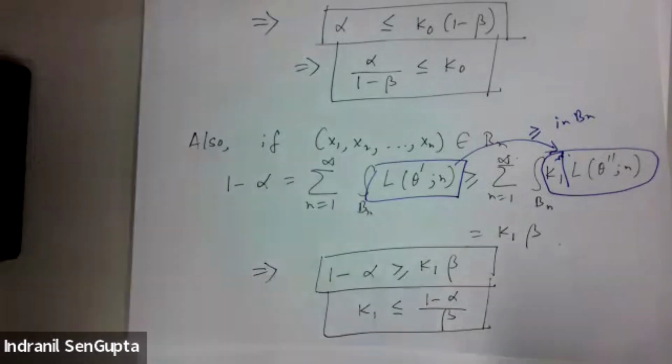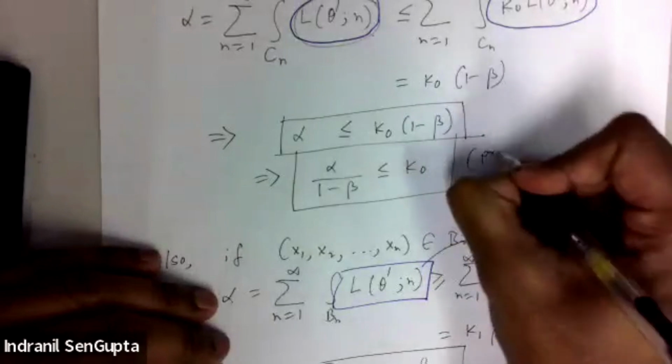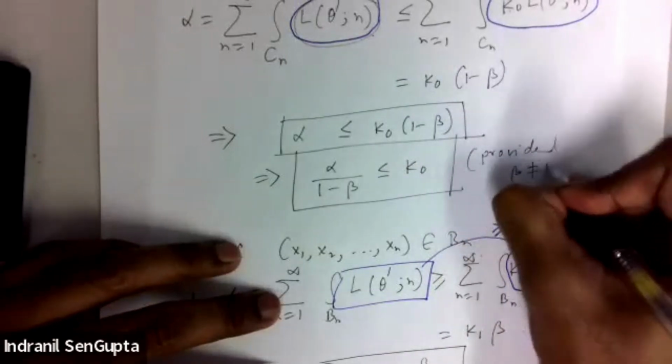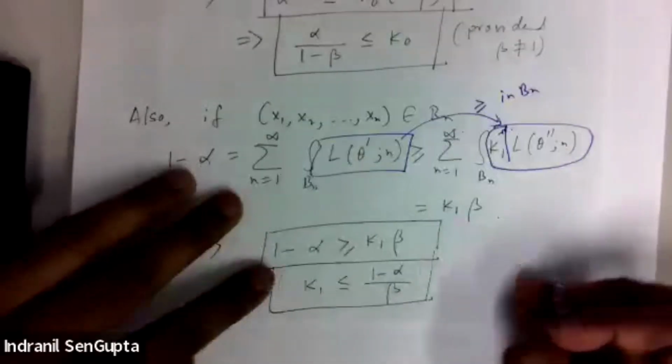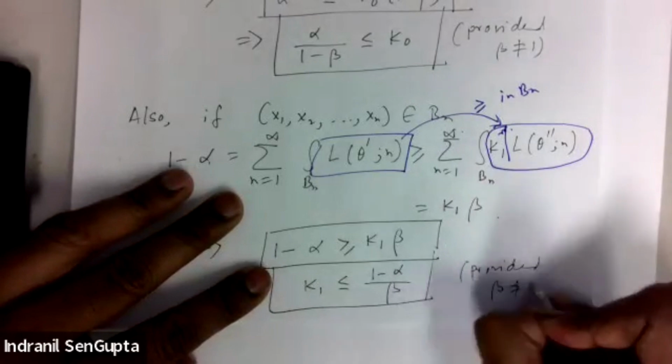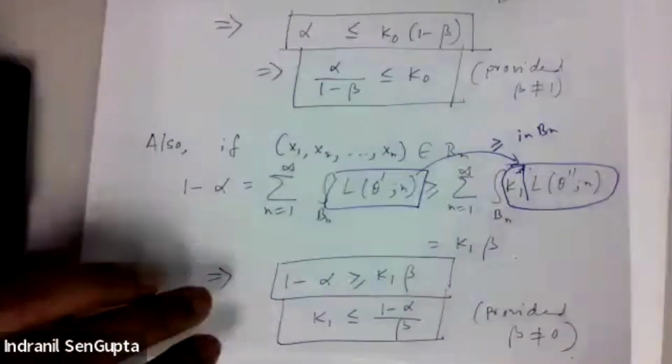Of course, this is provided beta is not equal to 1, and this is provided beta is not equal to 0. So beta cannot be 0 or 1.